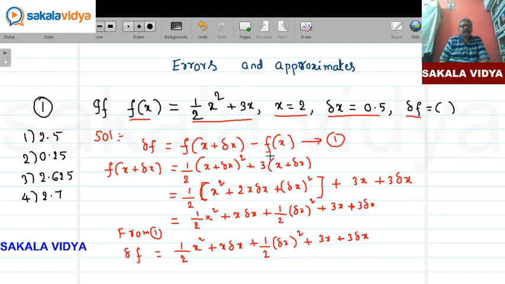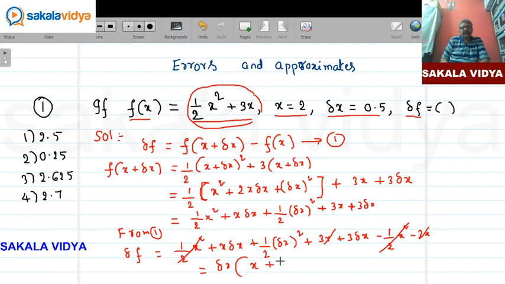Minus f of x means you need to subtract these two values, that is minus of x square, minus into plus minus 3x. Half x square cancels, 3x gets cancelled. So, take delta x common out from this one, you get x plus delta x by 2 plus 3. Now, substitute x is equal to 2 and delta x is equal to 0.5.